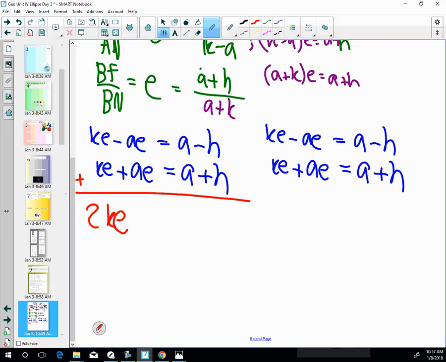What is negative AE plus AE? 0. A plus A is 2A. H minus H is 0. Divide by 2. KE equals A. So K has a coordinate of A over E. That is the equation of the directrix.